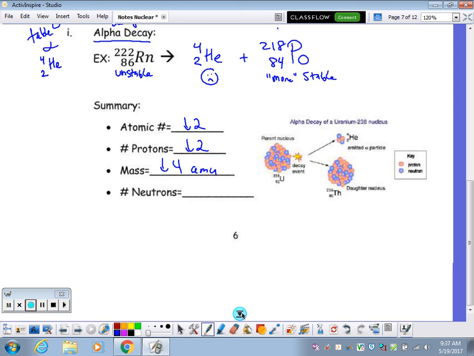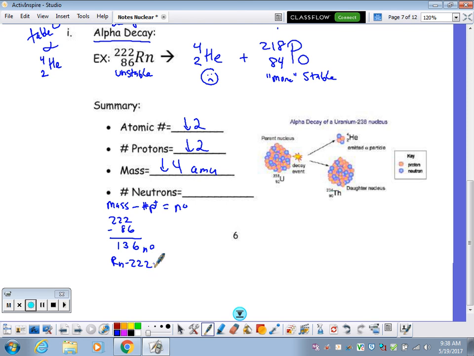Now, neutrons. You have to remember, mass minus the number of protons equals neutrons. In the original structure, 222 minus 86: 12 minus 6 is 6, 11 minus 8 is 3, 1 carried gives 136 neutrons in our Rn-222.